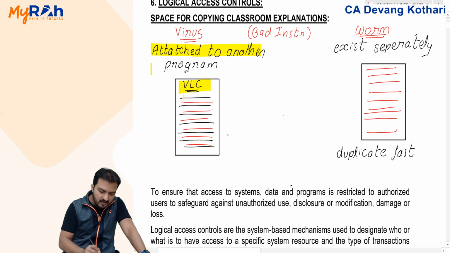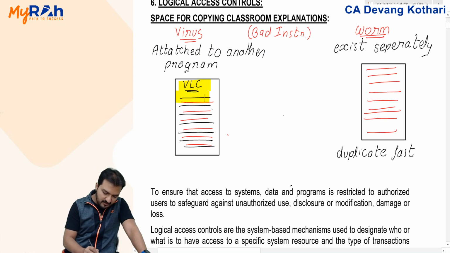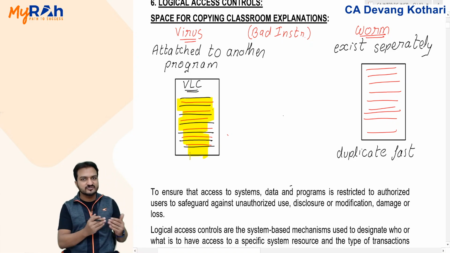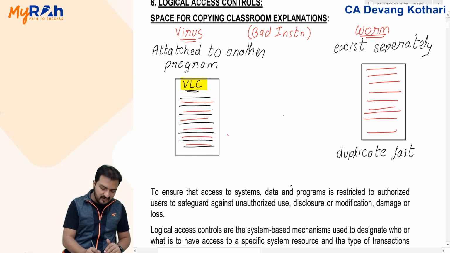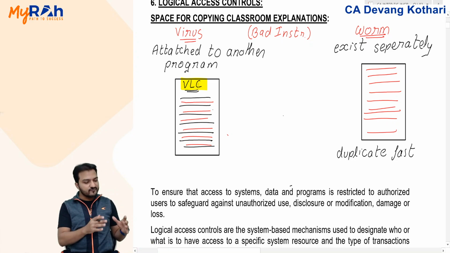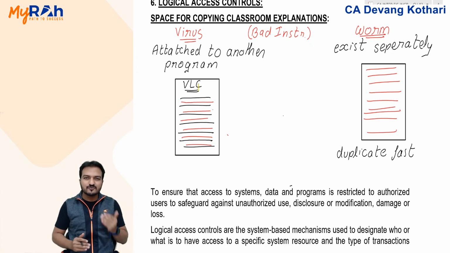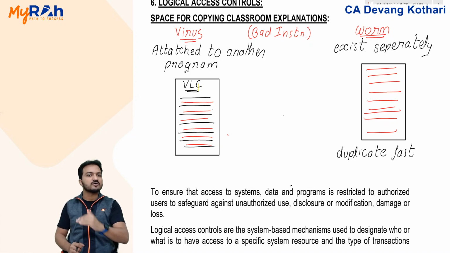Like for example, if I have VLC player, then in my VLC player there are good instructions of the VLC player, but along with those good instructions, the virus will put its own bad instructions also. This is why when I process that VLC player program, along with the good instructions of the VLC player, the CPU will also process the bad instructions of the virus. This is what starts causing damages.